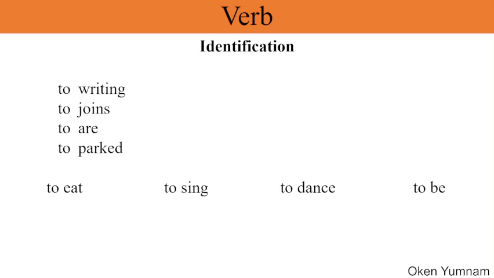Similarly, to joins and the remaining also. Why? Because in order to put to before any word, we have to change the word to its root form or the base form. So the root form of writing is write. Similarly, join, be, and part. So instead of to writing, it should be to write, to join, to be, or to part. Now it sounds okay. It means these words were verbs.